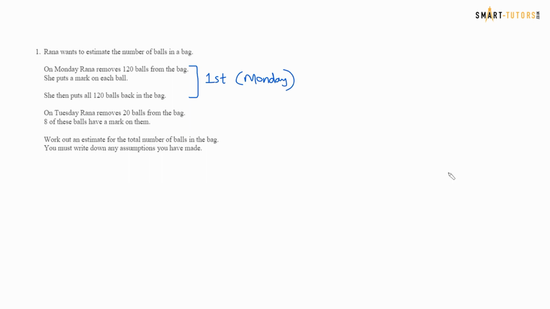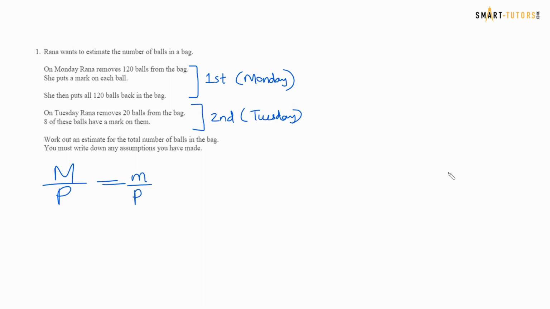On Tuesday, Rana removes 20 balls from the bag. 8 of these balls have a mark. So this is the second sample, which happened on Tuesday. Work out an estimate for the total number of balls in the bag. The only equation you need to remember is capital M over capital P equals small m over small p.